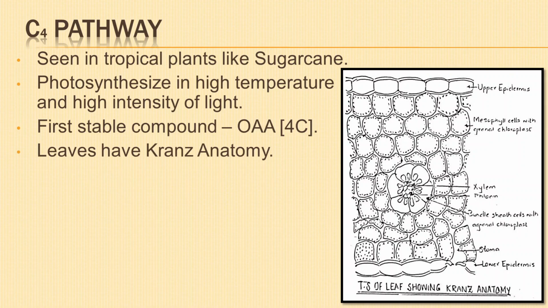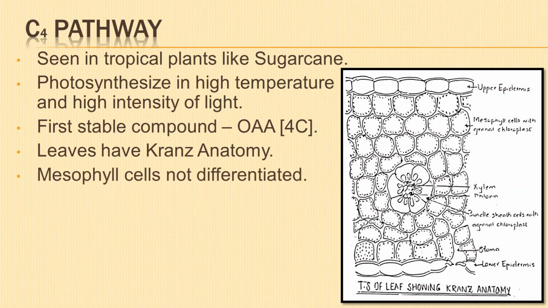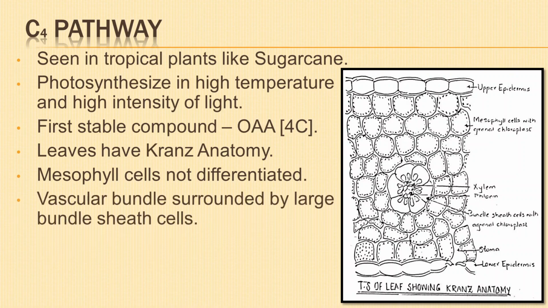C4 plants have a special type of leaf anatomy known as Kranz anatomy. The mesophyll cells are not differentiated and are homogeneous. The vascular bundles are surrounded by radially arranged large bundle sheath cells.